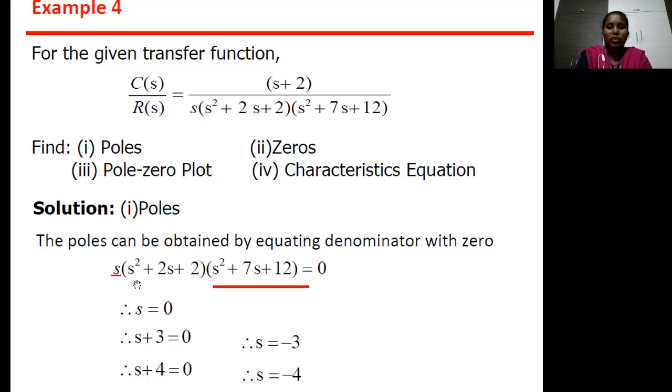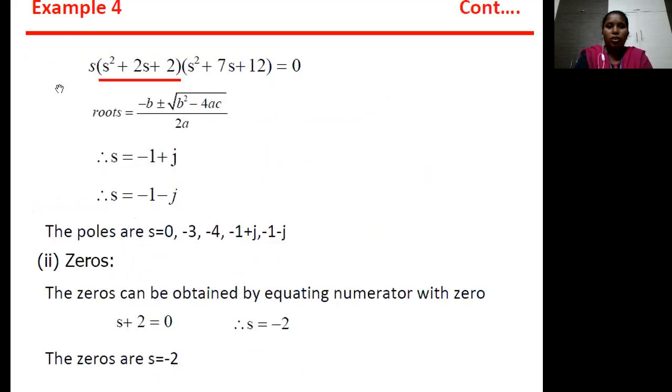We have two more poles from the equation s square plus 2s plus 2. We have to consider this equation separately and determine its roots. So s square plus 2s plus 2 is equal to 0. This does not have real roots, so I am determining the roots by using the formula minus b plus or minus root of b square minus 4ac, divided by 2a.